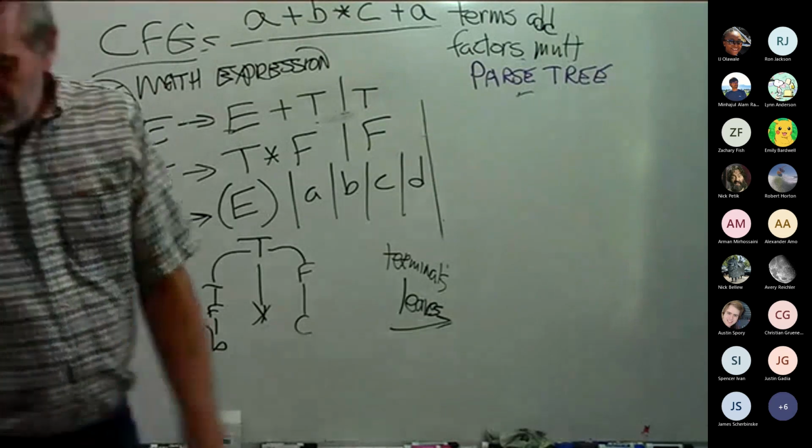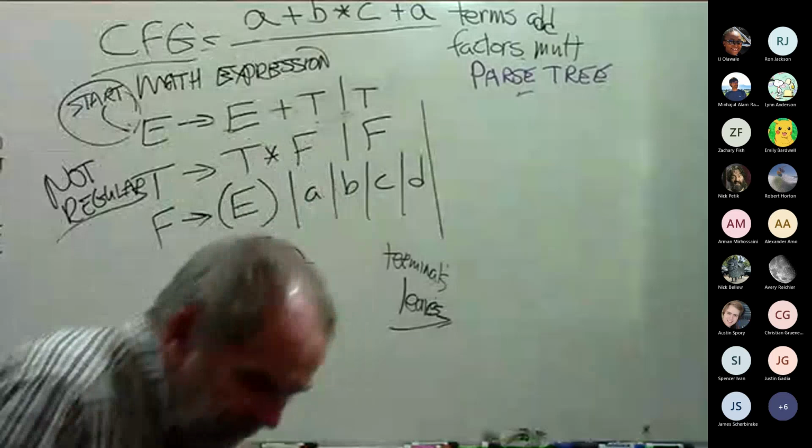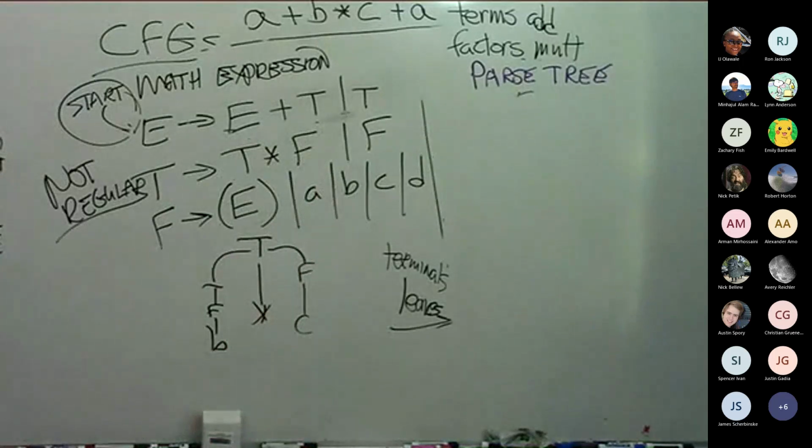Oftentimes you've heard the term when people are arguing, sometimes people say you're just trying to parse my words, and what they mean is you're applying an unintended meaning to the words, that wasn't what I meant. And so in this case, we're parsing to find out how can I derive this string.